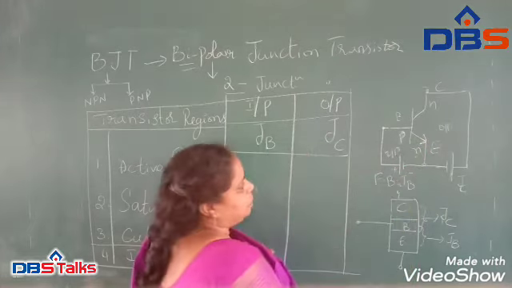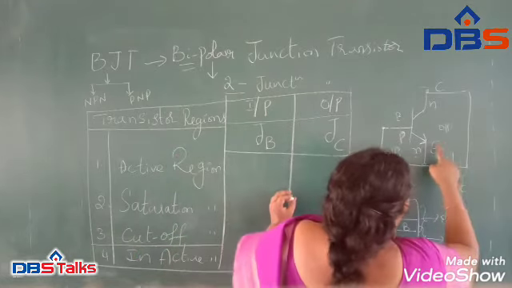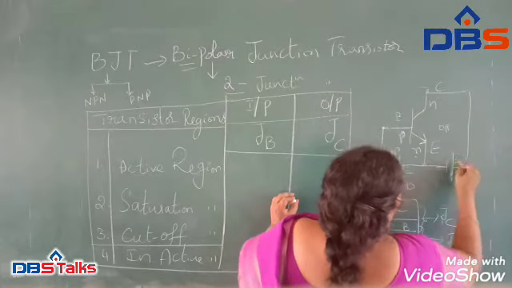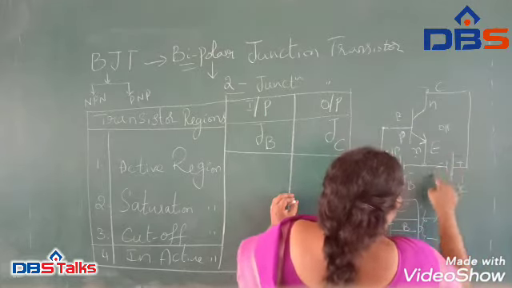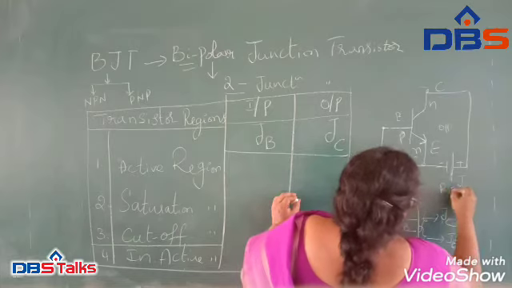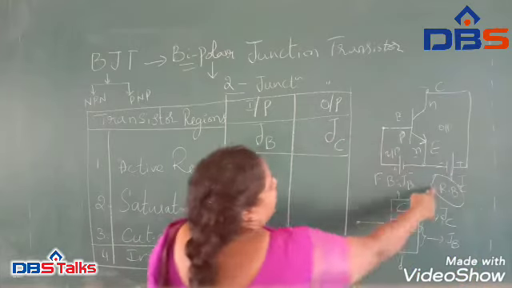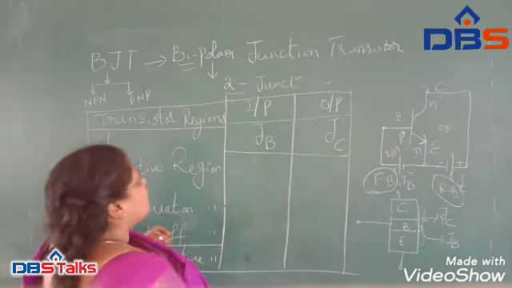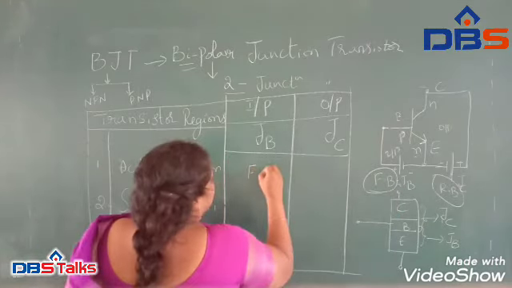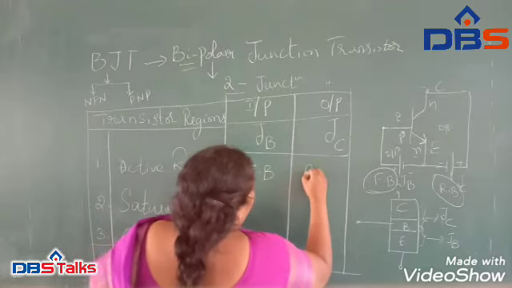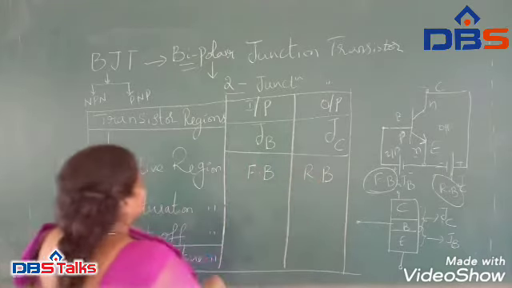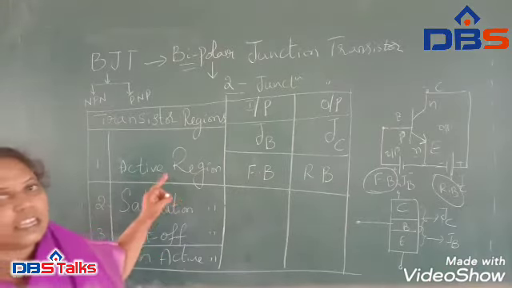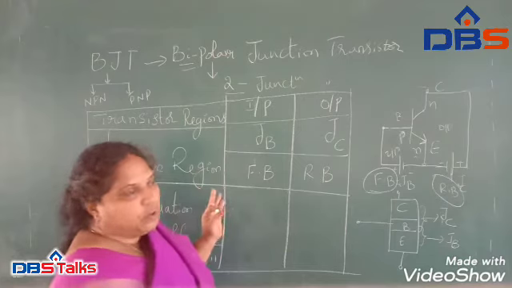Coming to the output side, negative to positive, so that is reverse bias. So the input is forward bias and the output is reverse bias. Base junction is forward bias and collector junction is reverse bias. In this case the transistor is in the active region.